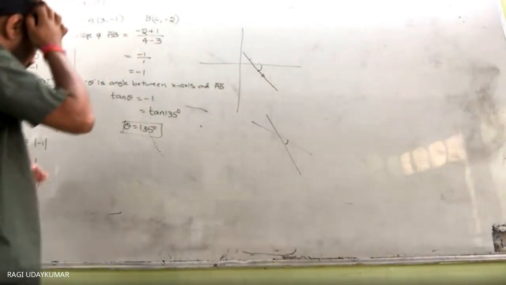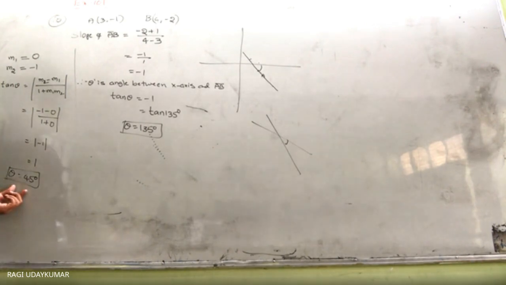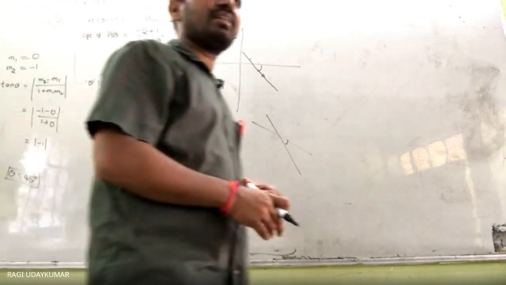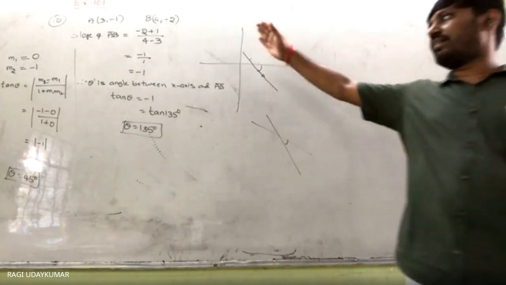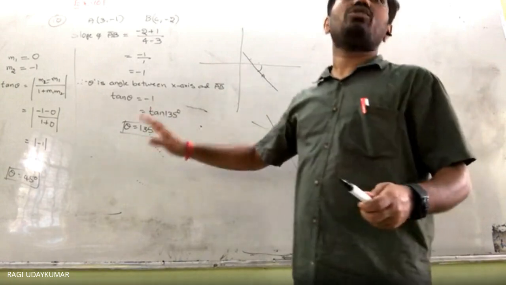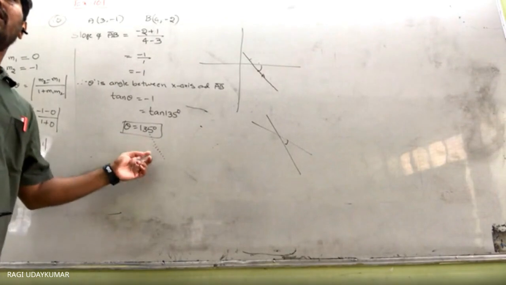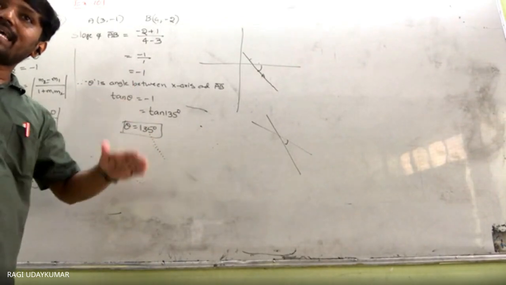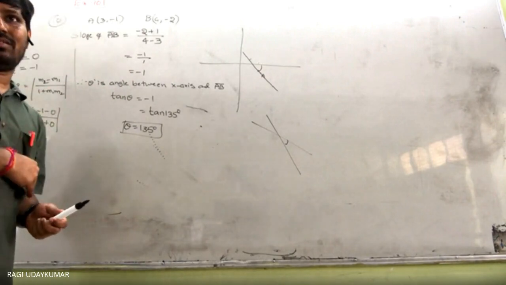So in this case, when you take here, you have to understand it diagrammatically; for this I have given you this question D. Suppose theta equal to 45 degrees is the right answer, and theta equal to 135 degrees is also the right answer in this case. Angle between the two lines means you have to write 45 degrees. Sir, if I did it this way, I got 135. Then, as this is an obtuse angle, you have to take theta as the angle between the x-axis and the line in the anti-clockwise direction.